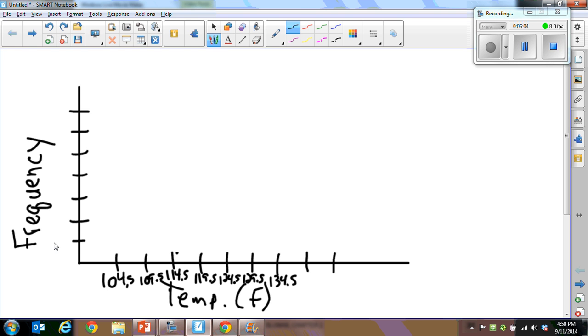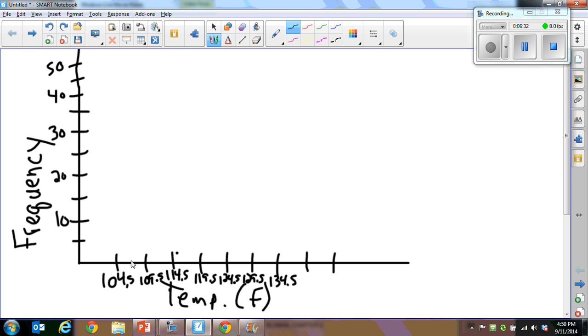So we can either go by 5 or 10. I think, let's see, 1, 2, 3, 4, 5, 6, 7. I think I'll be able to sneak 10 in there. 8, 9, 10. So I'm going to go by 5. 5, 10, 15, 20, 25, 30, 35, 40, 45, 50. Okay.